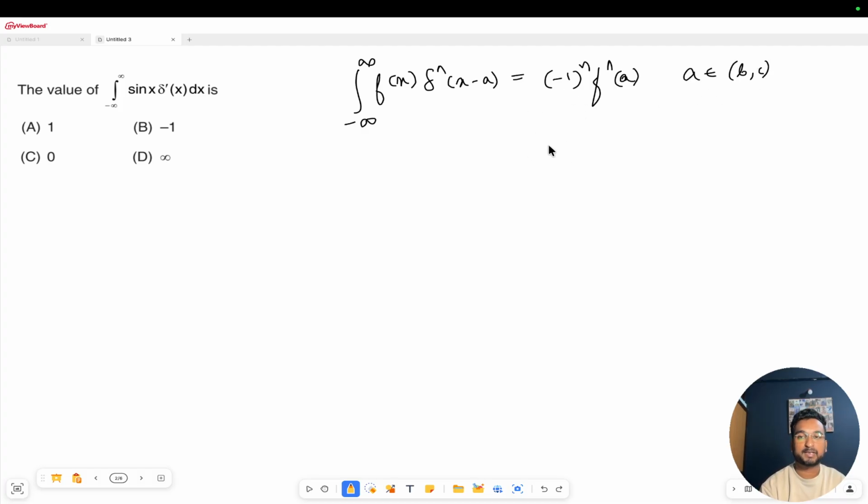Since x is 0 here in this question, the differentiation of sin x will be cos x. Then the value of this at x equals to 0 will be cos 0, which is 1. So option A is correct.